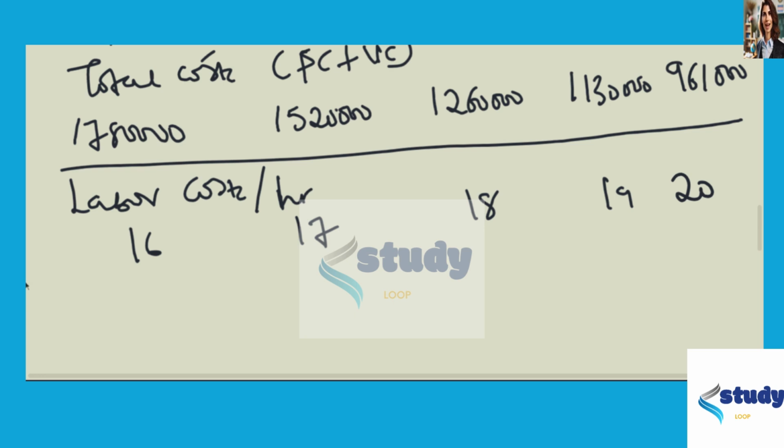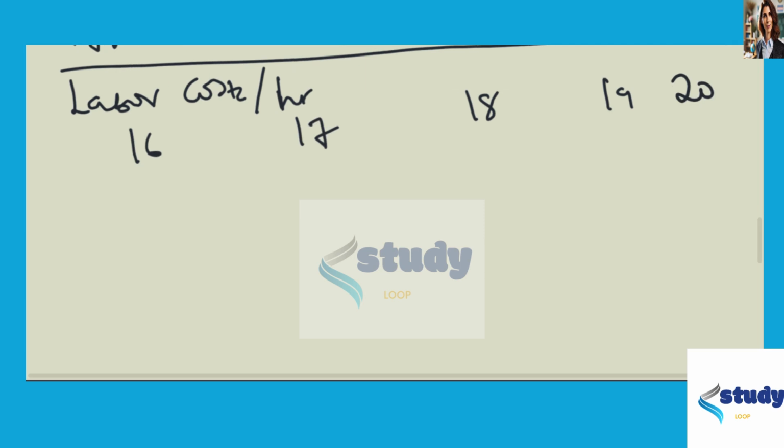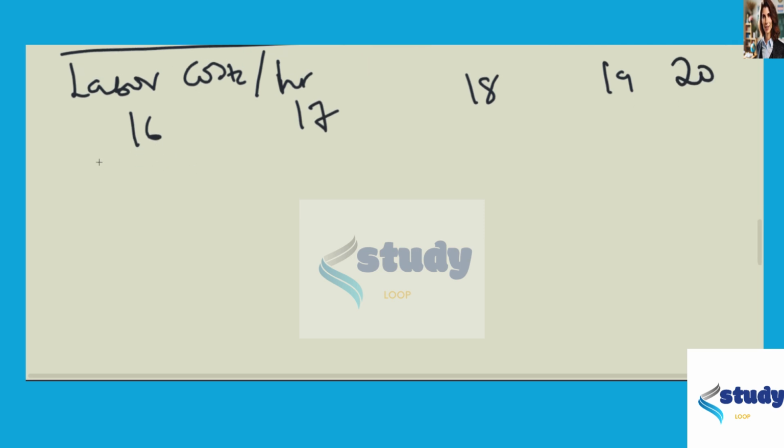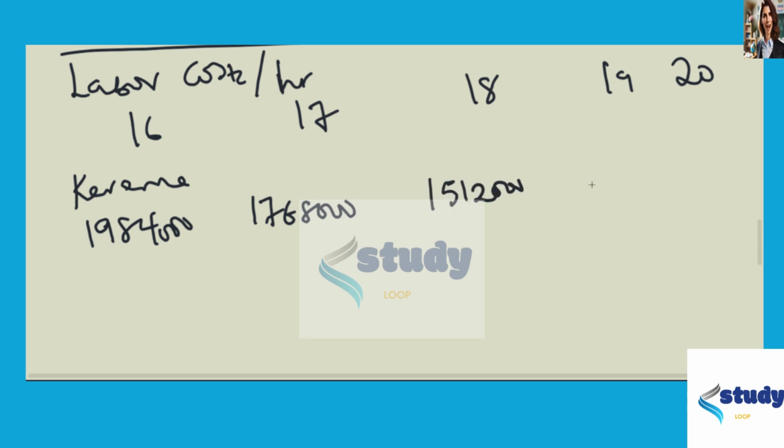So when you do that, you're going to have 1,984,000, 1,768,000, 1,512,000, 1,486,000, and 1,228,000 as the labor cost totals.